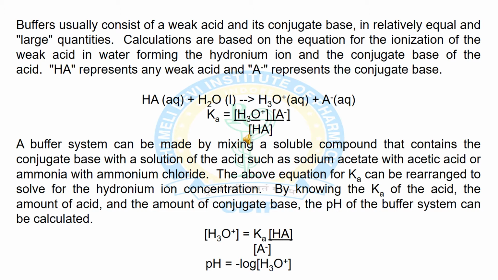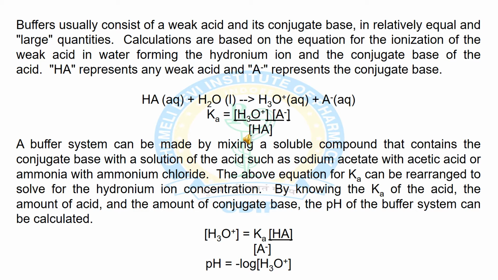When the acid, that is HA, reacts with water, it will form a hydronium ion, that is H3O+ ion, and its conjugate base, that is A- ion. The equilibrium constant for that reaction can be written as Ka equals the concentration of hydronium ion times the concentration of its conjugate base upon the concentration of acid.